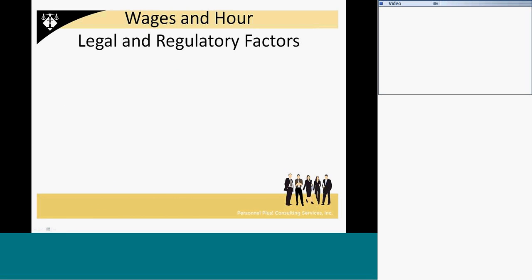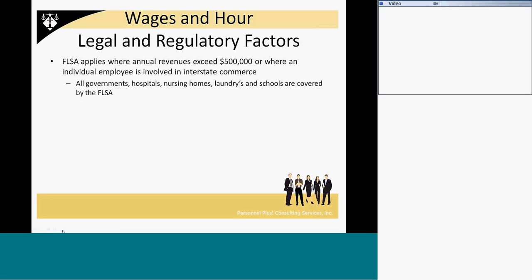Like everything else, there are a lot of rules that apply to wage and hour law. Some of the things that we have to deal with is the Fair Labor Standards Act, and like most federal laws, it applies selectively. The Fair Labor Standards Act applies, first of all, where revenues of the organization exceed $500,000.